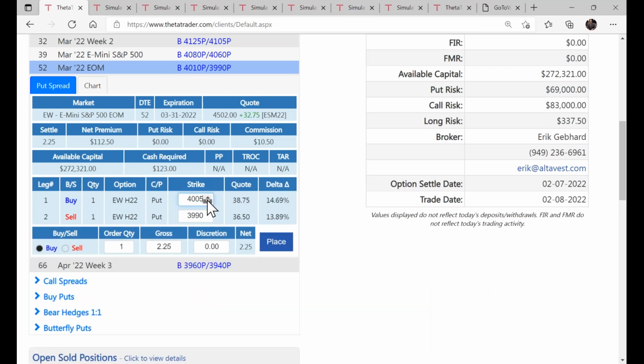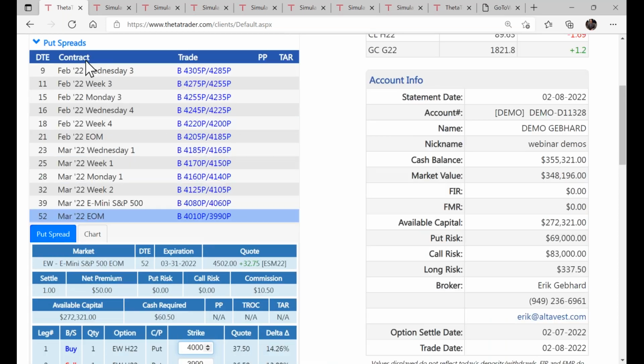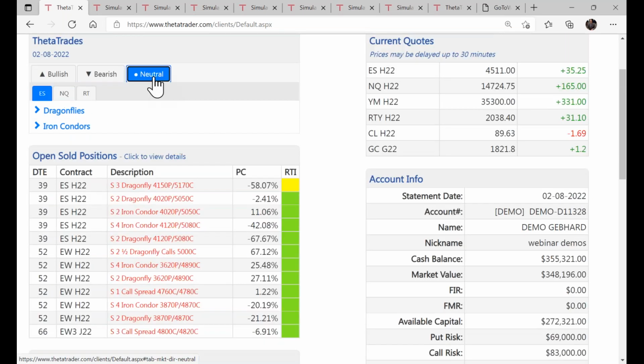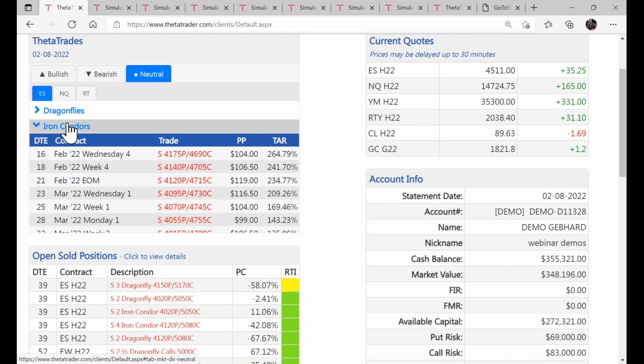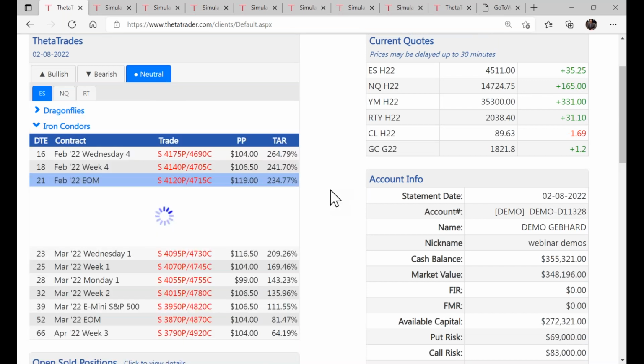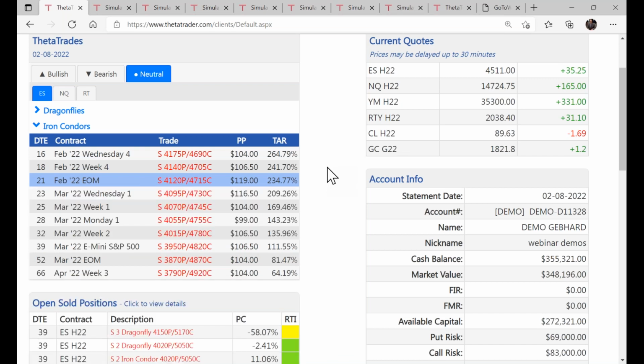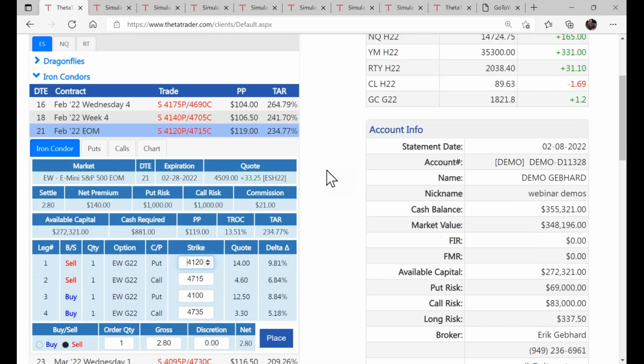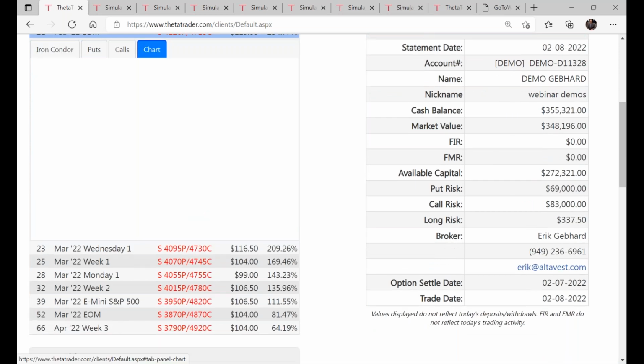The algorithm will kind of tell you if, for example, if you did a Condor, here's a February end of month Condor. And here's what it looks like here.